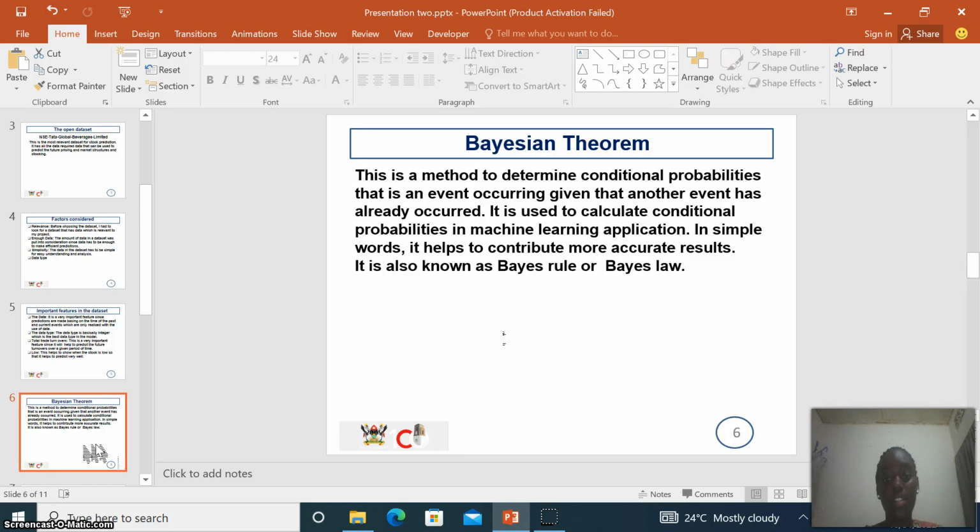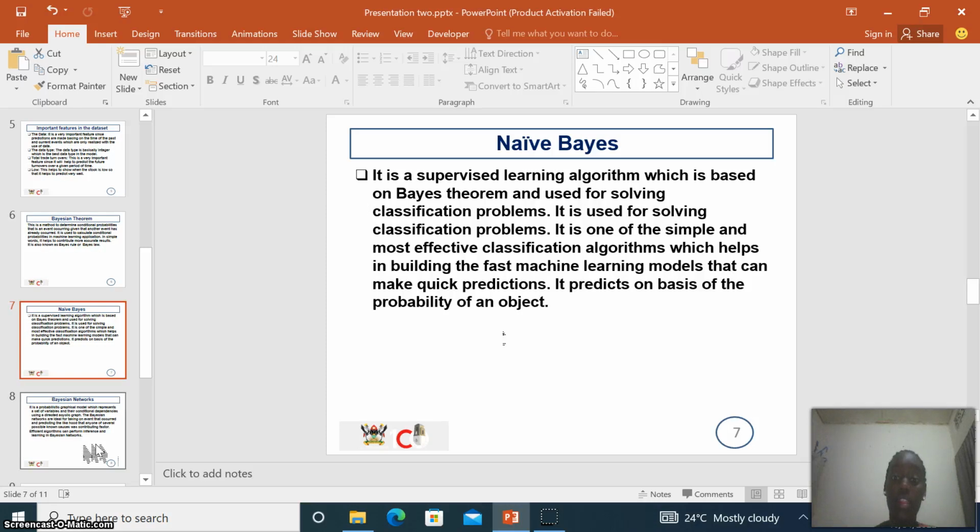And in simple words, it helps to contribute more accurate results when you're making predictions basing on the occurred events, and you're predicting the future events. But I've already told you, you can also call it the Bayes rule or the Bayes law. Then the naive Bayes. This is a supervised learning algorithm which is based on Bayes theorem and used for solving classification problems.